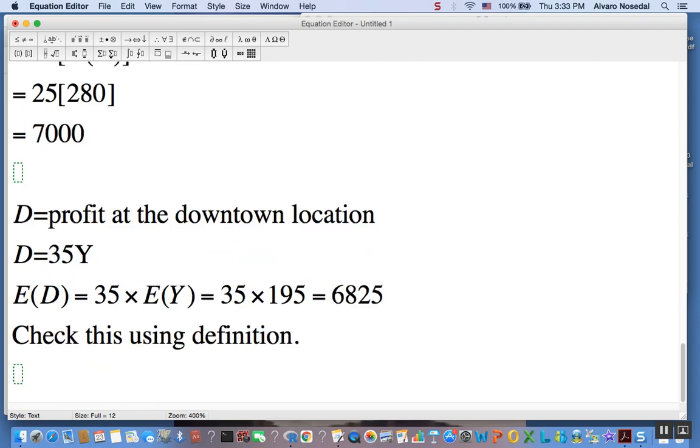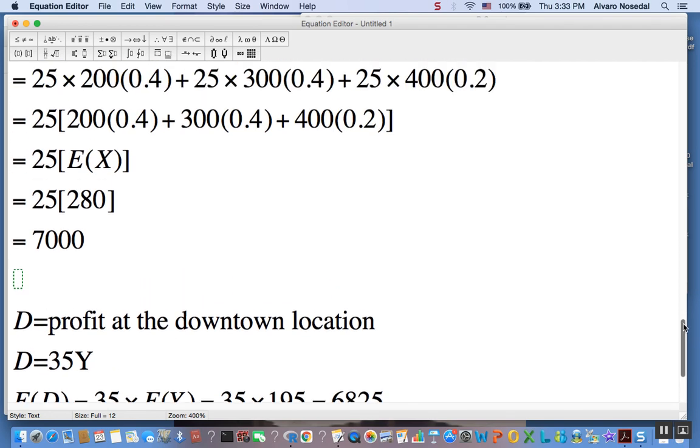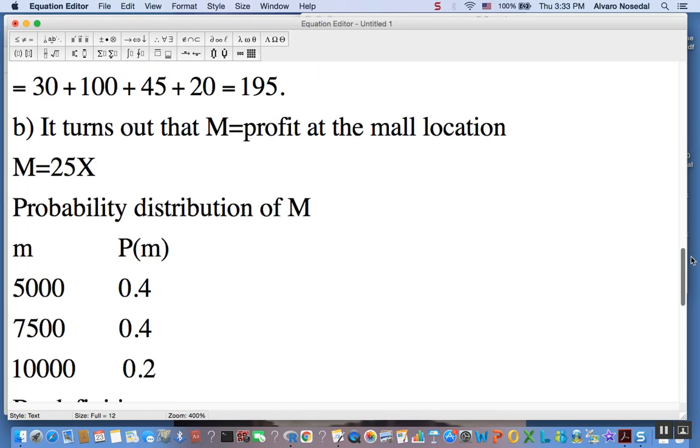Let's summarize what we did here. So, what we realized here is this. Hey, I had an original random variable x, and I defined a new random variable. I called it m in this case, which looks like this: a constant times our original, our old random variable.